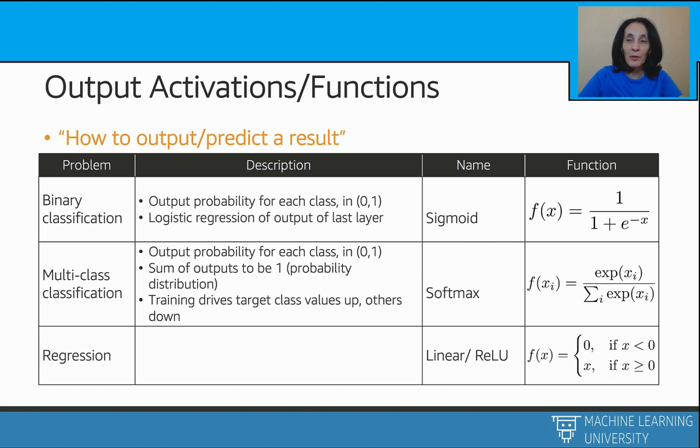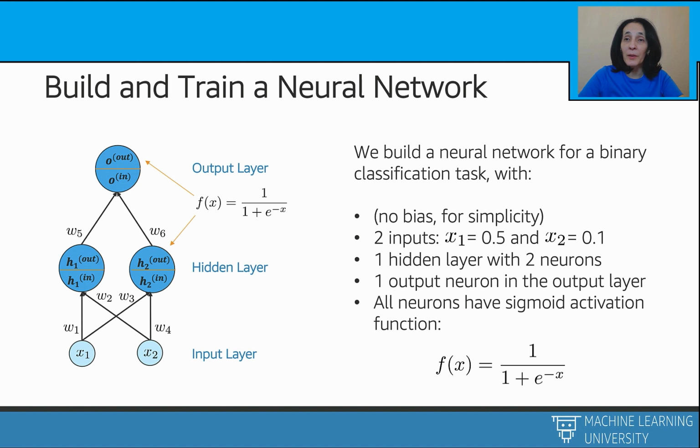Now, for regression, a very good choice of an output activation function is the linear function, as seen with linear regression, or a ReLU sort of function if the negative values are of no interest. So let's complete our network build here, deciding to have all our three neurons use a sigmoid activation function.